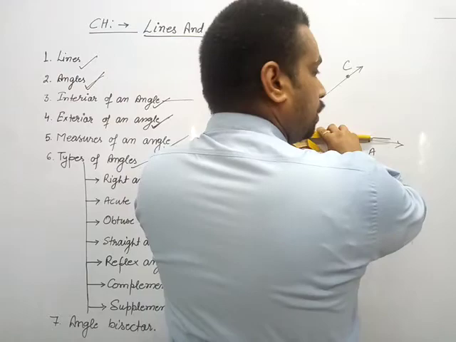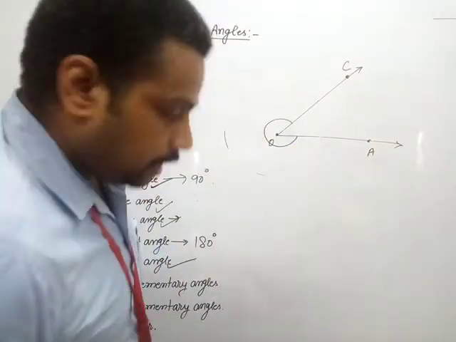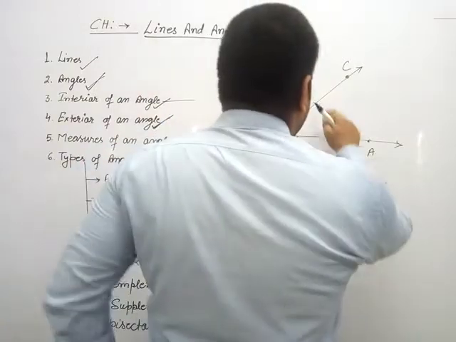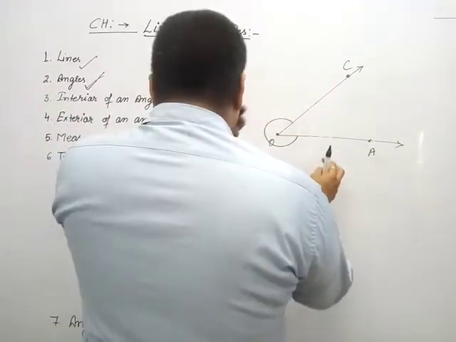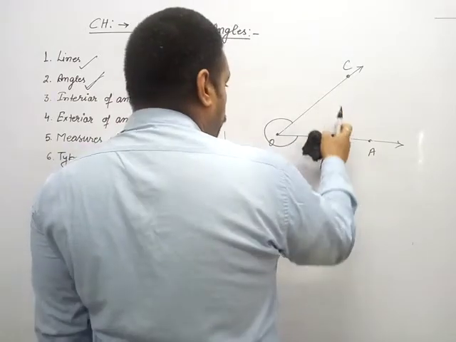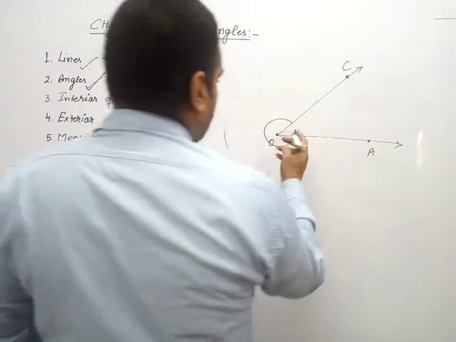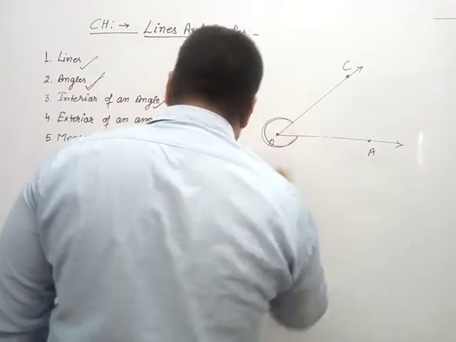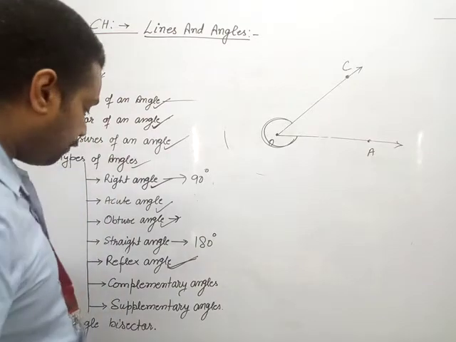It's called a reflex angle. Don't include this angle, and after excluding this angle you will get an angle which is called a reflex angle. So a reflex angle is always more than 180 degrees.